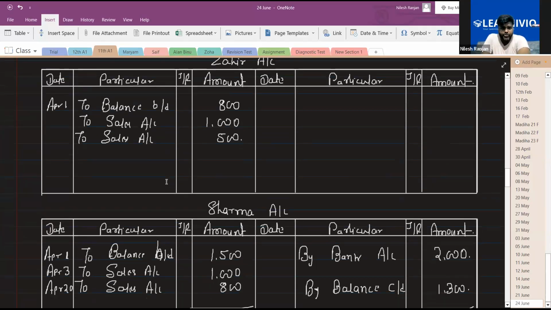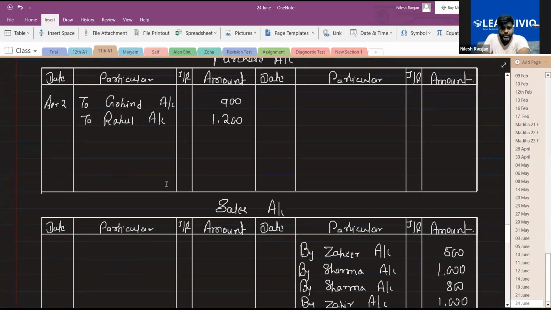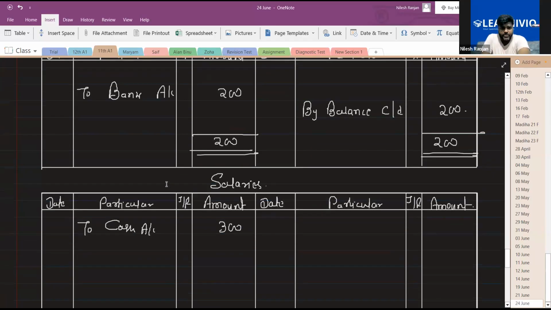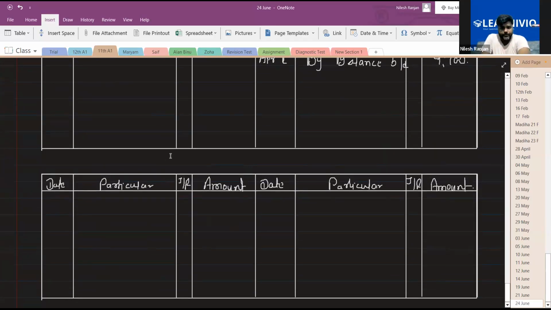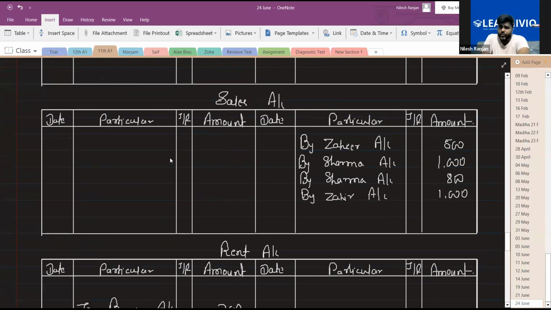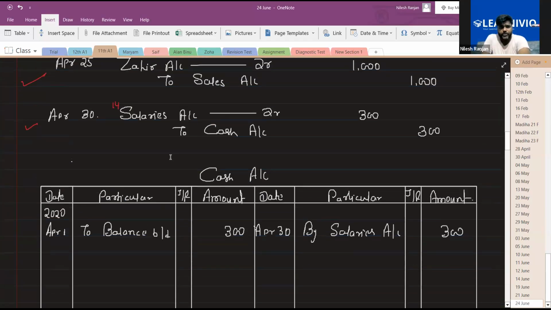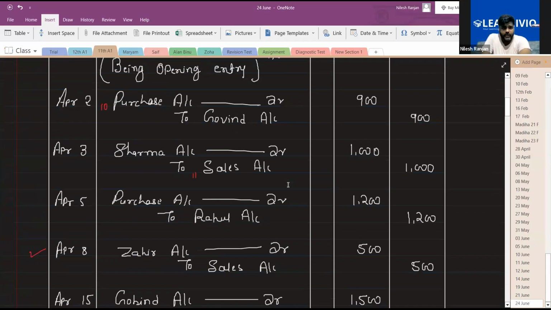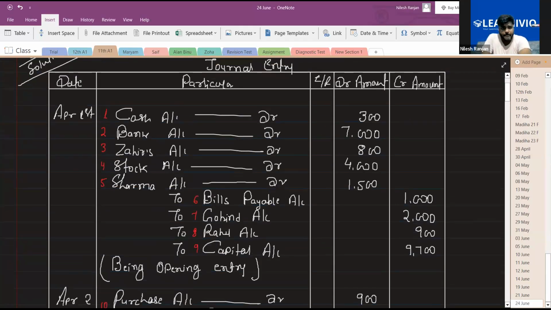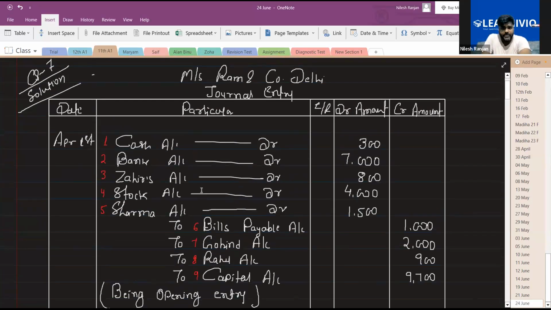Cash, bank, Zahir, Sharma, Rahul, Govind, bills payable, purchase, sale, rent, salaries, discount allowed, capital. So all these accounts I have already created. I just have to write all these items on the debit or credit side. So in cash account, there are only two items, balance b/d and salary. After that, bank. So bank will be 7,000.